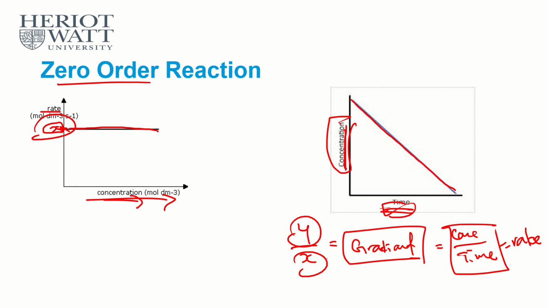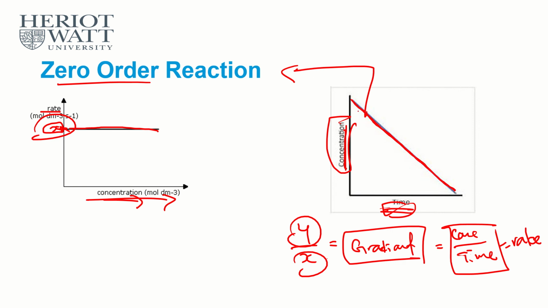Okay, so the gradient is actually the rate of reaction. And look at that. You have a straight, linear line all the way down. What does it mean? It tells you that the gradient remains unchanged, right? And that makes sense if it is zero order.